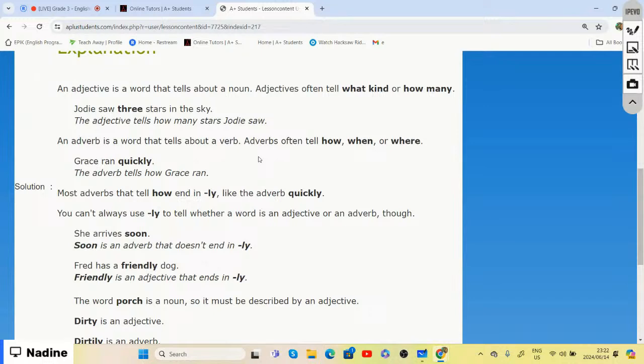This one describes the dog, which means that it's an adjective. If something describes a person, an animal, place, or thing, then it is an adjective. But words like soon are adverbs.